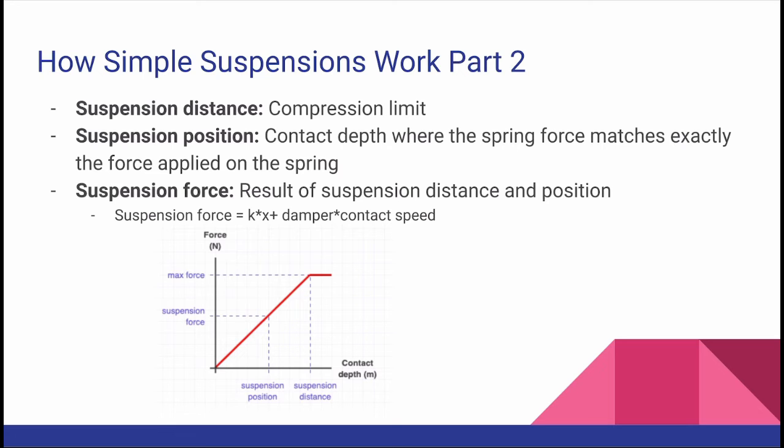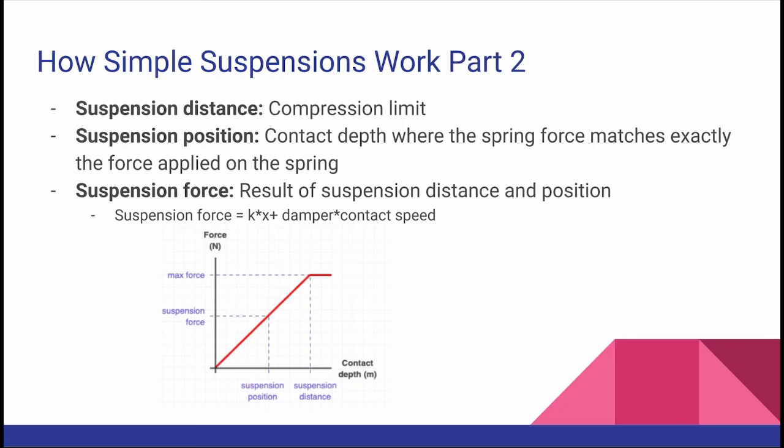The overall suspension force is calculated from the formula suspension force equals k times x plus damper times contact speed. If the force produced by the suspension is at a specific steady state where contact speed is 0, the equivalent sprung mass can be calculated with the formula sprung mass equals suspension force over gravity.